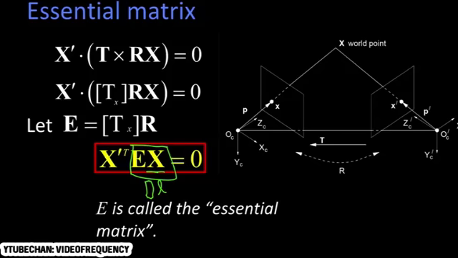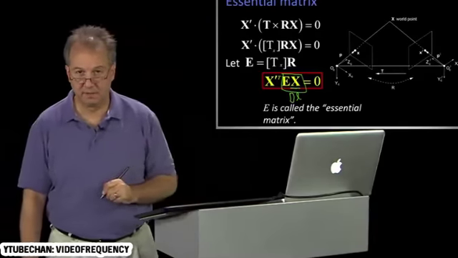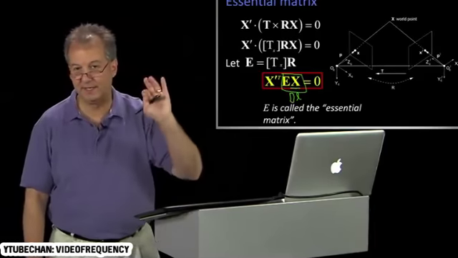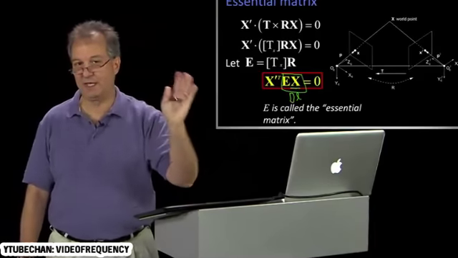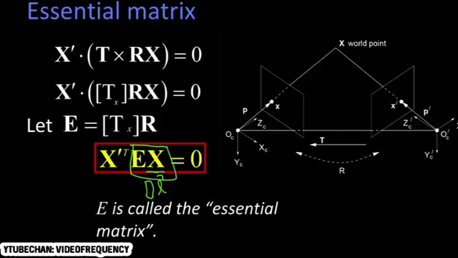Why am I calling it L? What does L stand for? Well, in some weird language, it said it stood for point, but in our language, it stands for line. So remember that X transpose L, or P transpose L, or L transpose P, was the definition of a line in projective geometry.